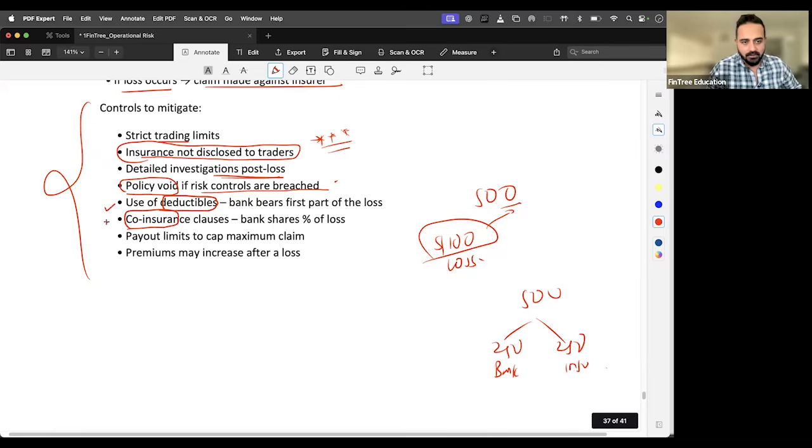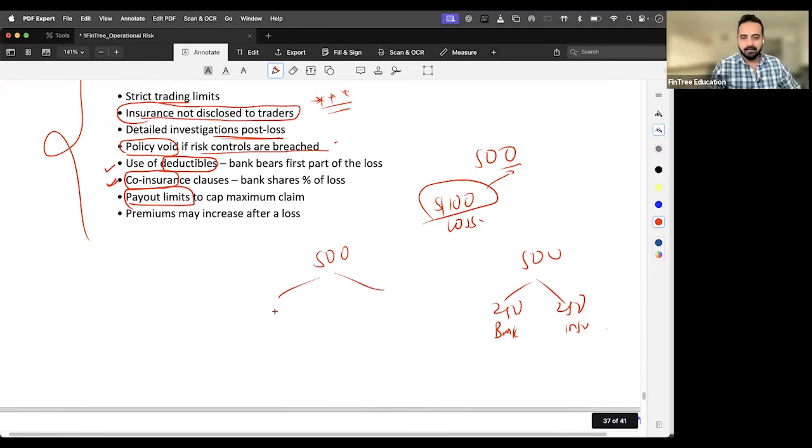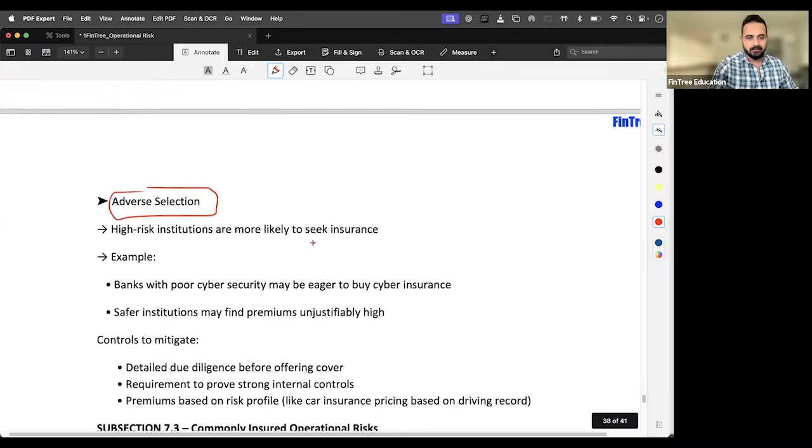All of these are solutions to the moral hazard risk. Payout limit: we are going to cap your losses to 300 million. So if you had a loss of 500, no problem, the bank will absorb 200 and the insurance company will pay only the capped amount of 300. And once you have made losses, next year they will charge you a higher premium. Okay, so that's your moral hazard risk.